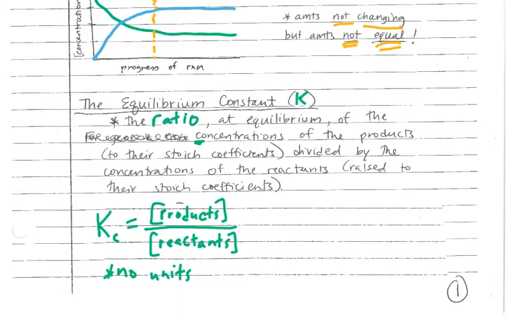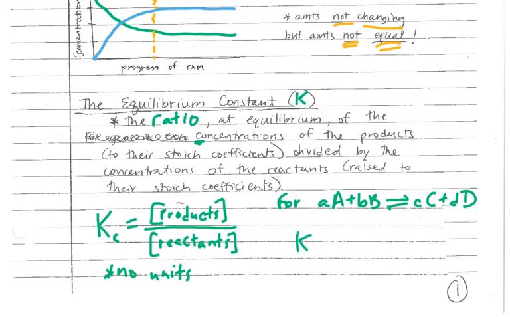K has no units, it's just a number value. So for a reaction, let's say we have a generic reaction of aA plus bB reacts in a reversible manner to form cC plus dD, where the lowercase letters represent numeric coefficients and the uppercase letters represent the chemical formulas.